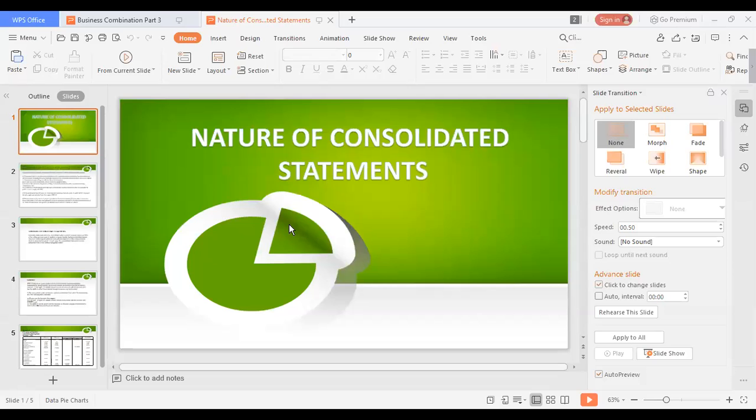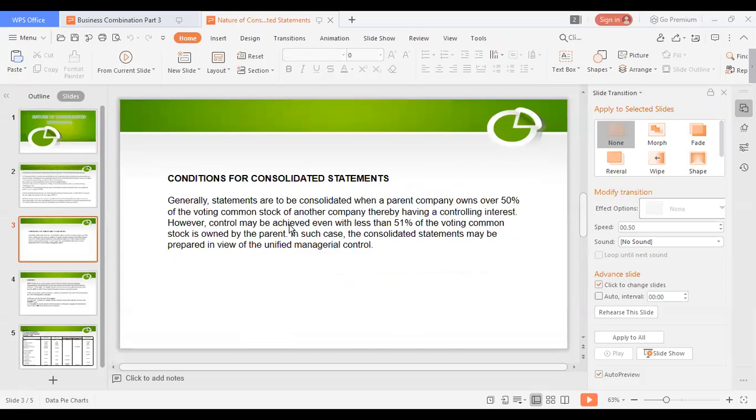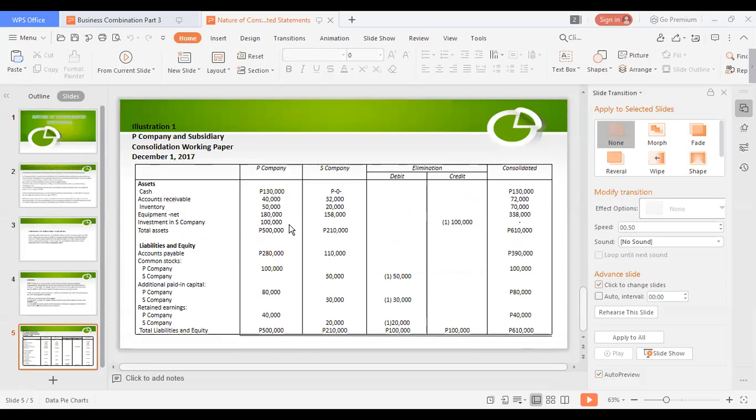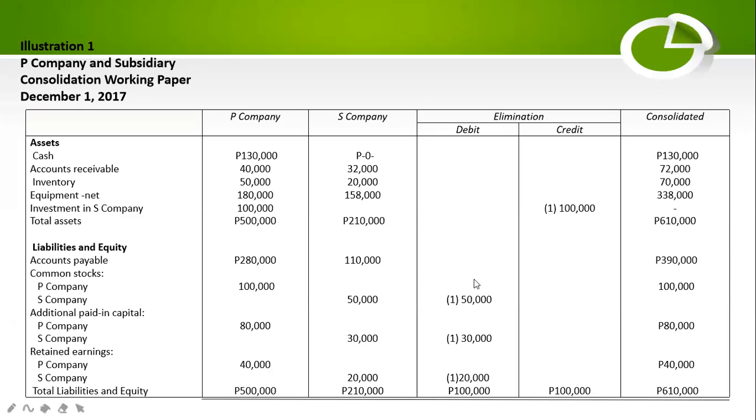Now we go to illustration 2. For illustration 2, we have the same balances. Again, we have the parent and the subsidiary, and we prepare the elimination entries as well.